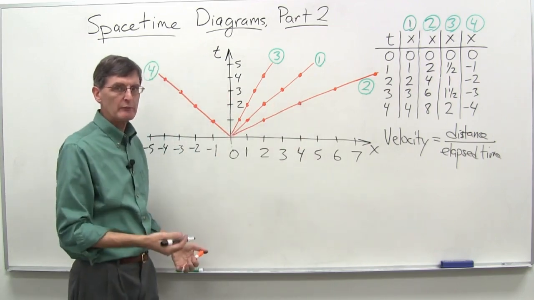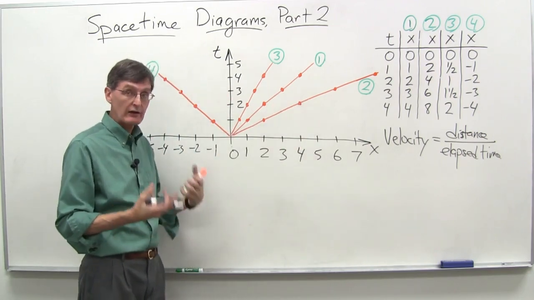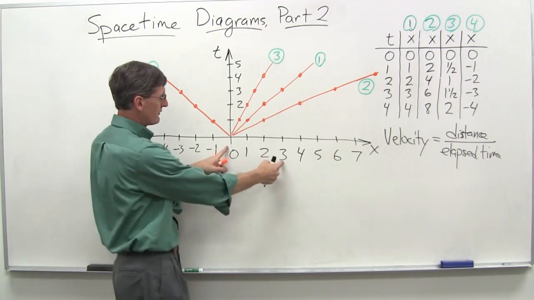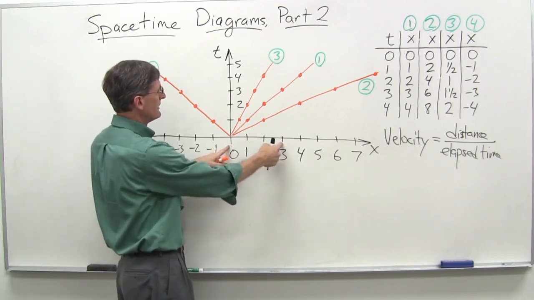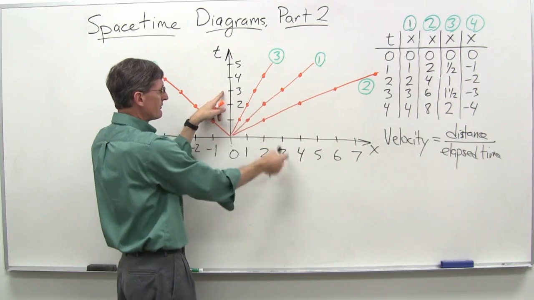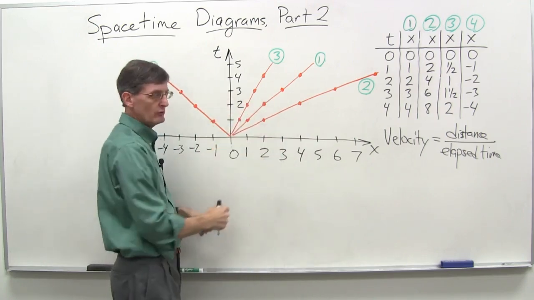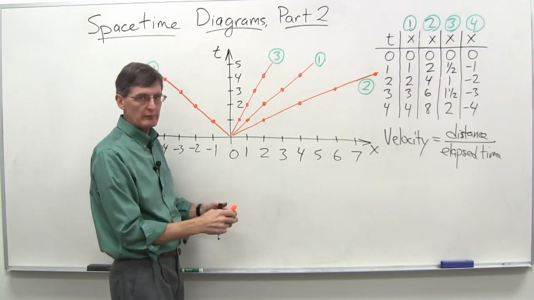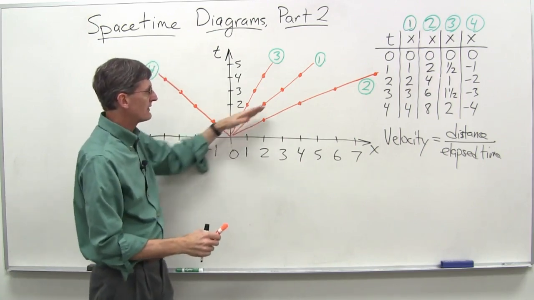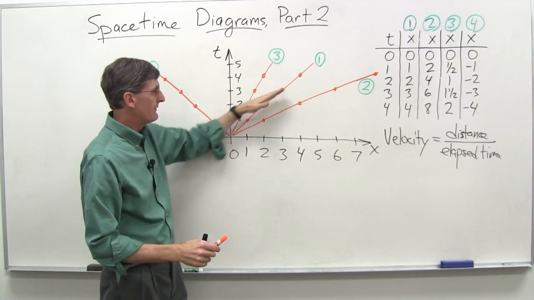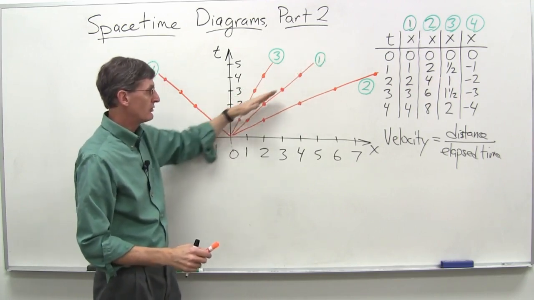Pretty clear we're going 1 meter per second. But if we want to calculate that, we could take x equals 3 in 3 seconds. 3 divided by 3 is 1 meter per second. Or 2 divided by 2 is 1 meter per second. And because it's a straight line, as we talked about before, that's a constant velocity situation.